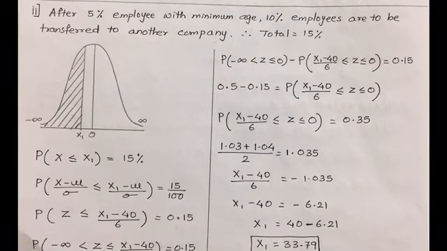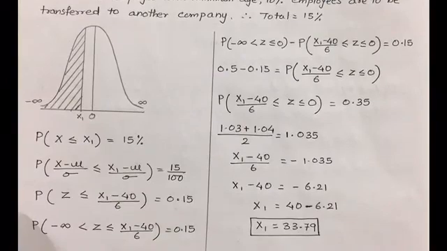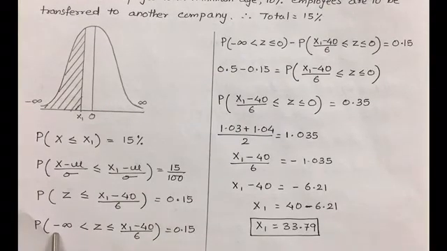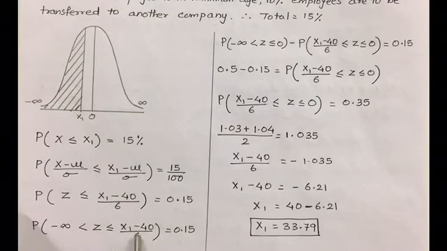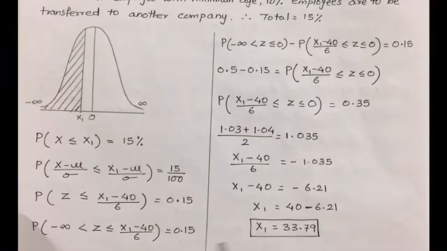Now as the left side of the limit is missing, we'll put minus infinity less than z less than or equal to (x1 minus 40) divided by 6, that is equal to 0.15. Now we break the probability at 0, and we will subtract it. The reason is the area given is less than 0.5.